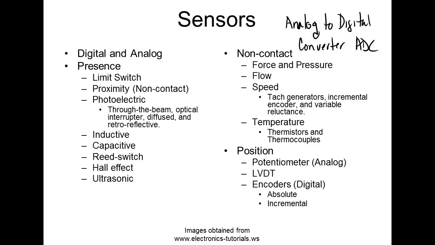And of course, if we're going to go from analog to digital, sometimes we have to go back to digital to analog. So we have what we call a DAC. It actually makes an acronym. It's a digital analog converter.